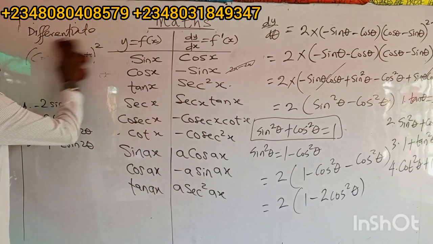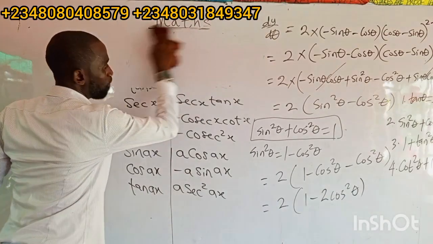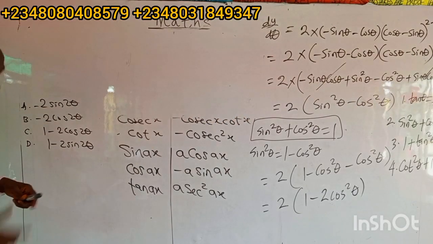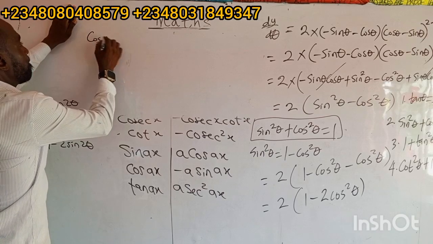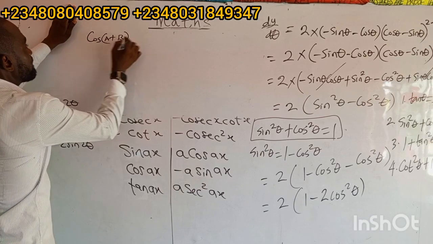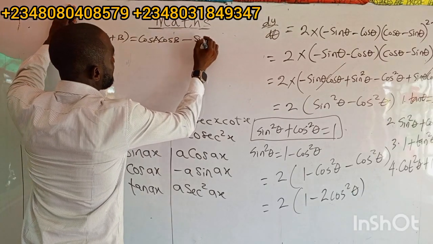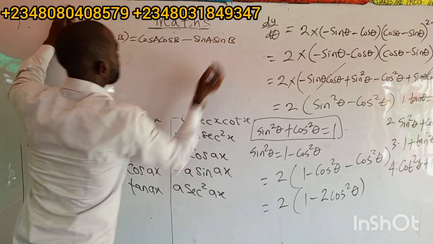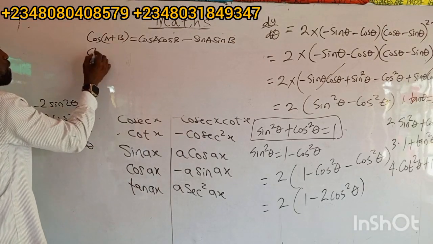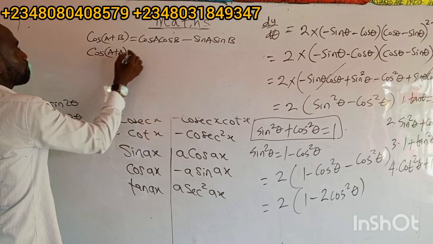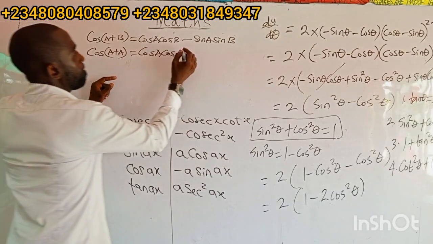Alright, that one aside. Now, let us go to what we call double angle formula. This one is just bringing us to what we call double angle formula. Look at this. If I have cos A plus B is equals to cos A cos B minus sin A sin B. If this angle is now double angle, meaning our B is A, we will have cos A plus A. This will be cos A, cos A. Anywhere we see B, we put A minus what?